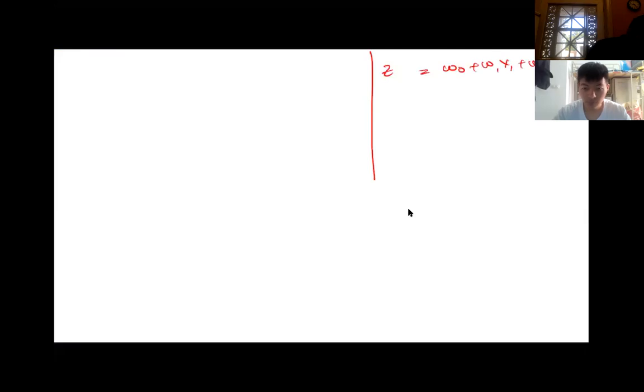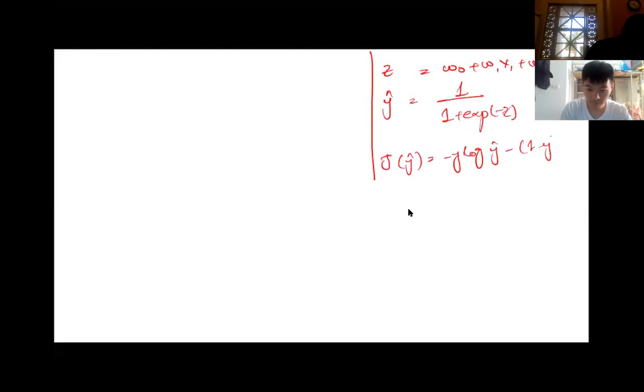And then y hat is 1 divided by 1 plus exponent of minus z. And then J of y hat is negative y log of y hat minus 1 minus y log of 1 minus y hat.